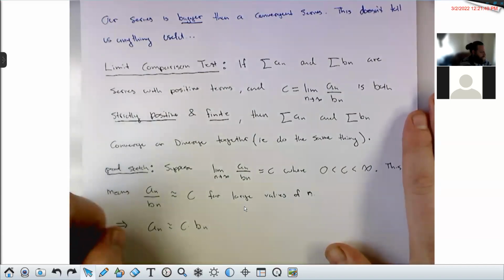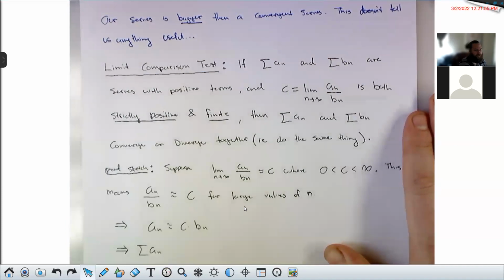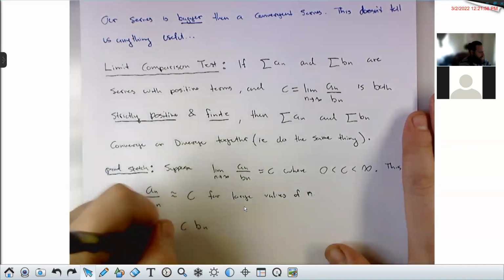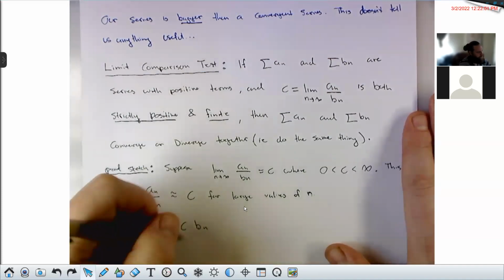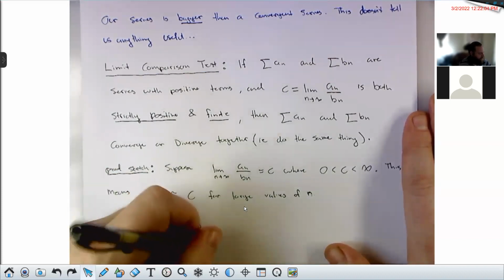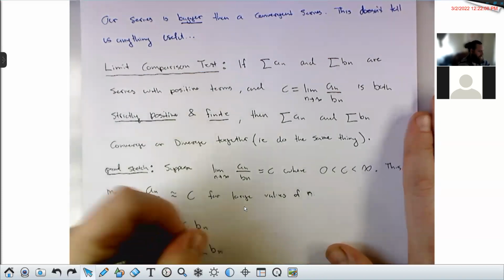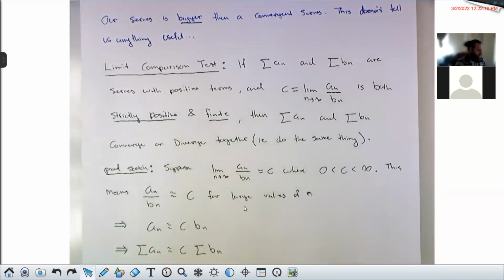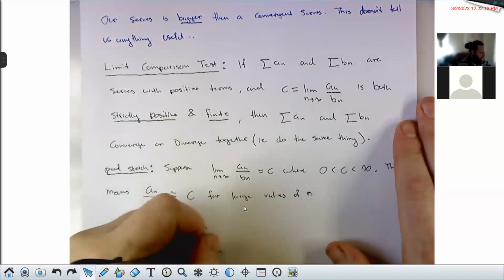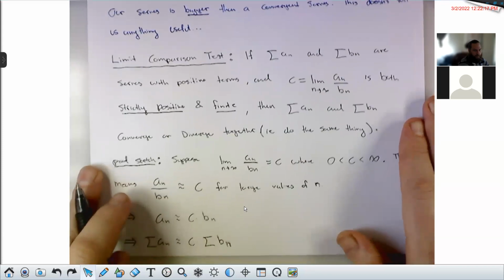And now if you sum on both sides, sigma an, the sum of the terms an, must be approximately equal to, pop out the constant, c times sigma bn. So if one of the series is finite, then the other one must be finite.